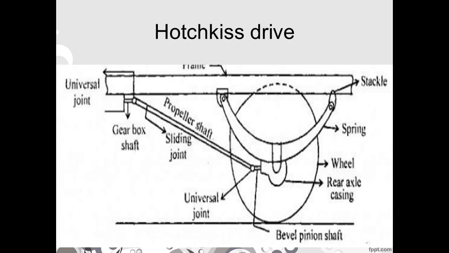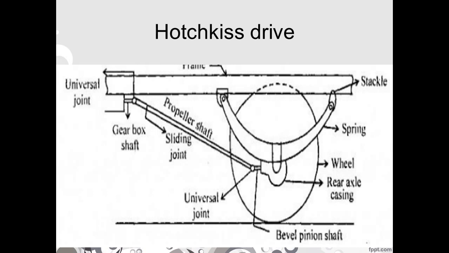Under this condition, the axis of the bevel pinion shaft will not pass through the center of the front universal joint. Therefore, if there is no universal joint at the rear end, the propeller shaft will bend. To overcome this effect, two universal joints are used, one at the front end and another at the rear end.